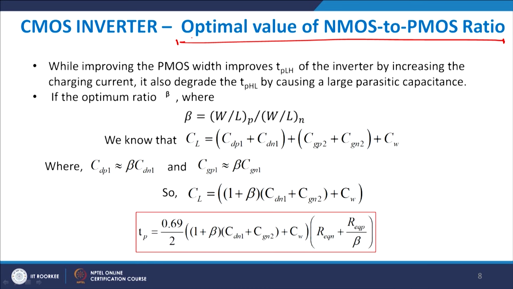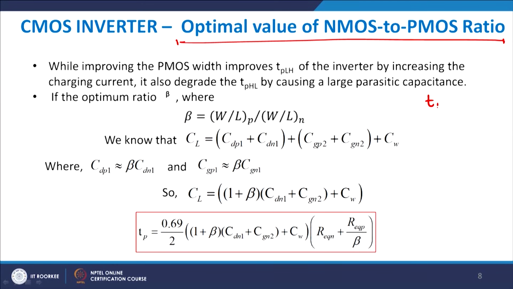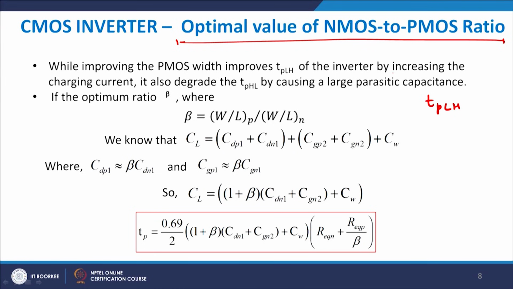You see, if you increase the W by L ratio of PMOS, my TPLH, low to high, will obviously come down, because if your W by L ratios are higher, your resistance will be smaller and therefore your delay TPLH will be smaller by my previous discussion. Also, as I discussed with you, it increases the charging current. So, in both the cases your TPLH will be smaller, but it also degrades the TPHL, because of large parasitic capacitance. TPHL is what?